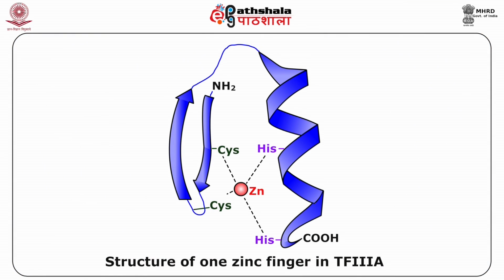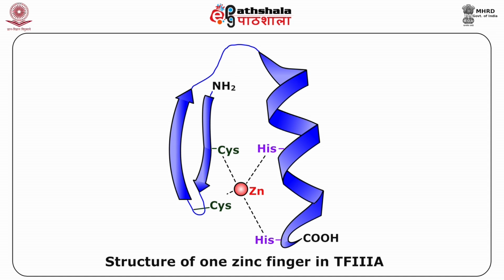The coordination of 2 cysteine residues, which are 2 to 4 amino acids apart, with zinc induces the formation of an N-terminal antiparallel beta-beta loop structure in the TF3A as shown in the figure.